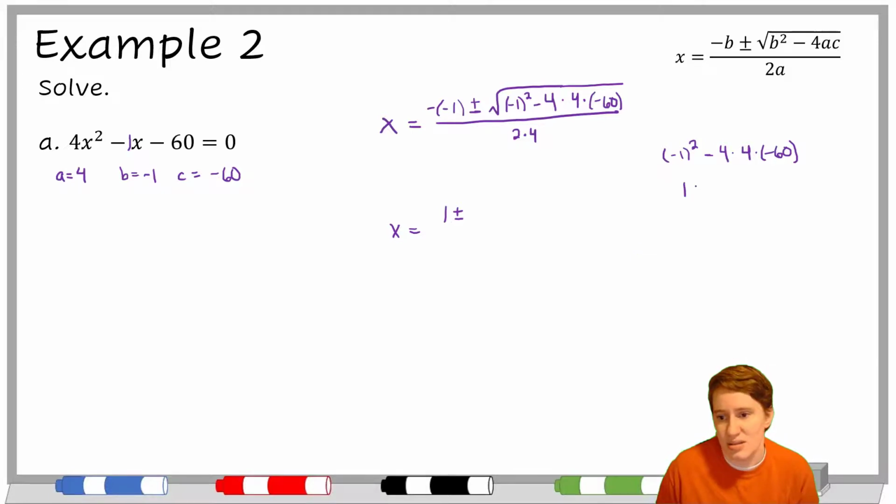One of the easiest places to mess these up is just putting the wrong sign right here. And then I'm going to do 4 times 4 times 60. So I'll do 16 times 60 and get 960. So 1 plus 960 is 961.